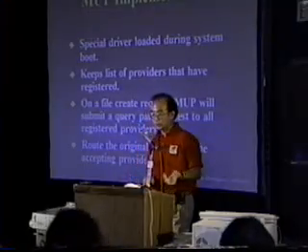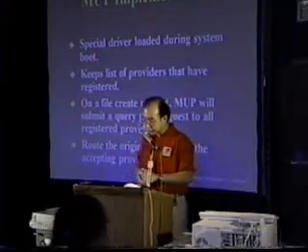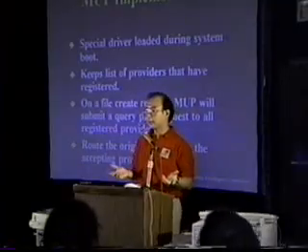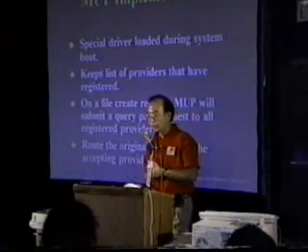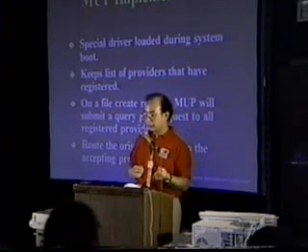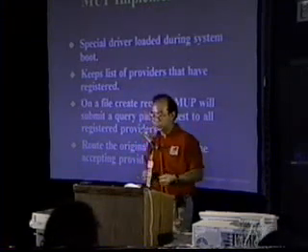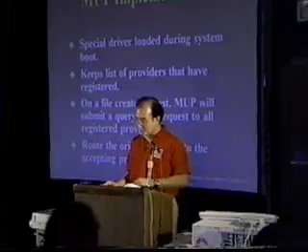This is the IOCTL we just saw in the previous slide. And then it will wait for responses from all the redirectors or providers, and it will route the original request to the one that accepts that particular query path. If no one accepted the operation or the file, then the operation fails.